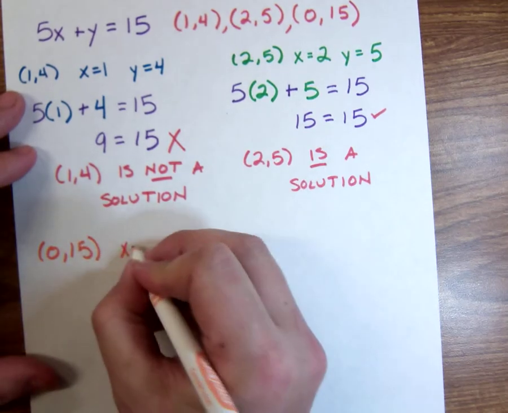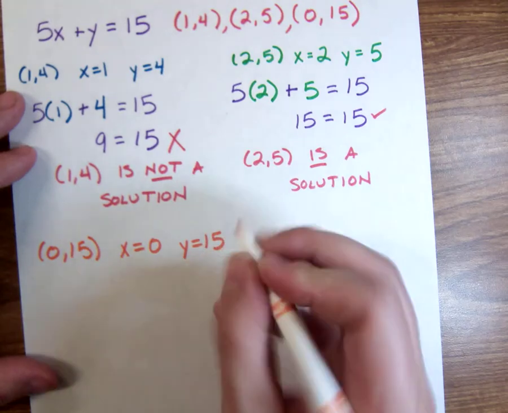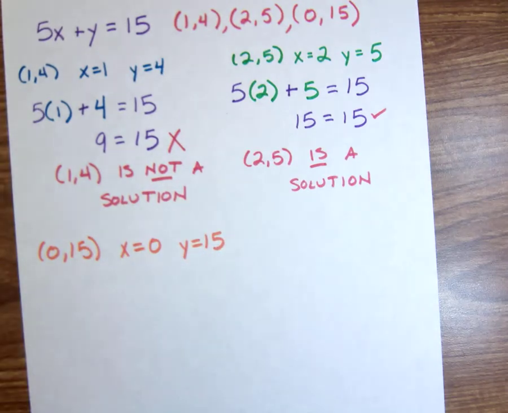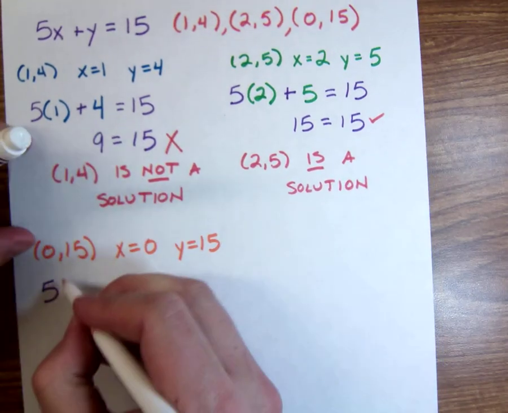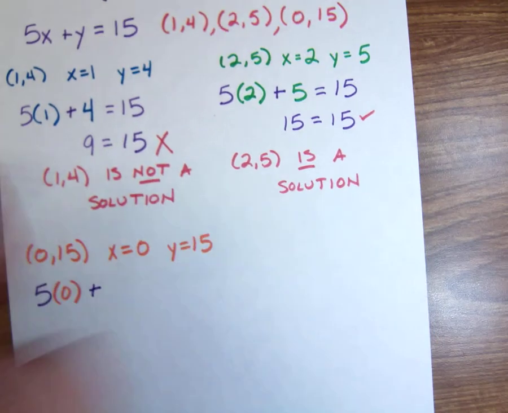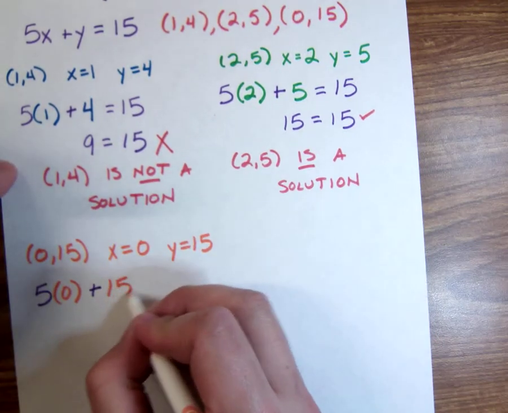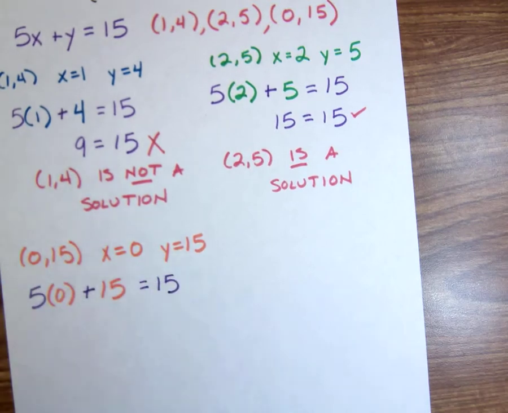So that means x equals 0 and y equals 15. Okay? Back to the equation. 5x plus y equals 15.